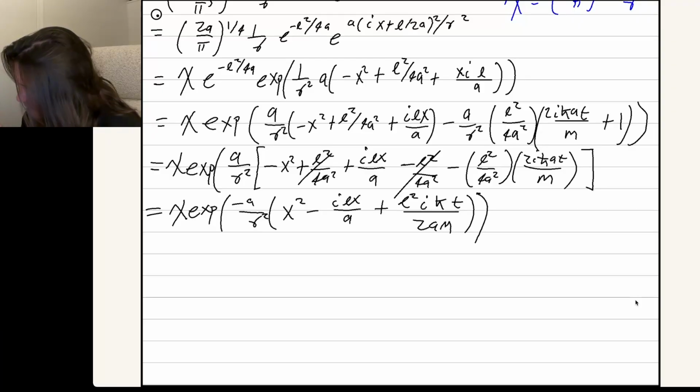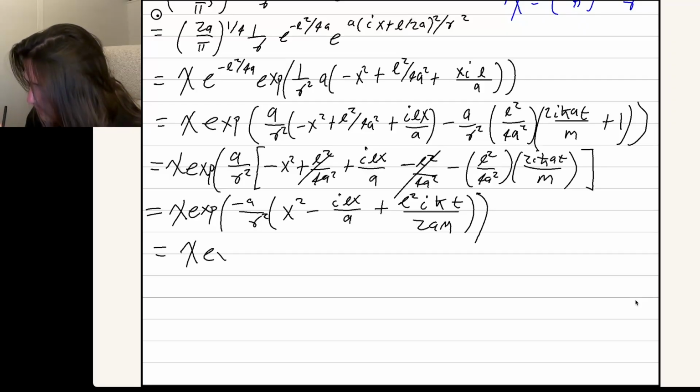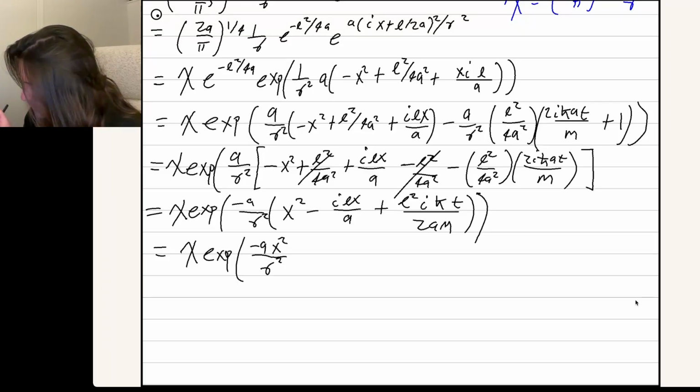That's pretty cool. Let's now just keep the x squared outside and then move everything else away. So we have minus, we'll do plus a over gamma squared ilx over a with a minus, no, it's a plus sign, minus l squared i h bar t over 2am.